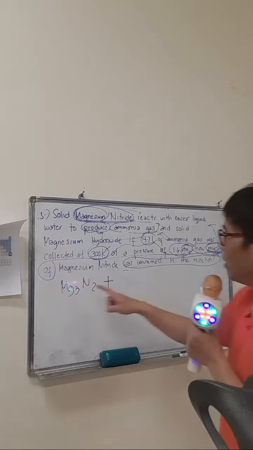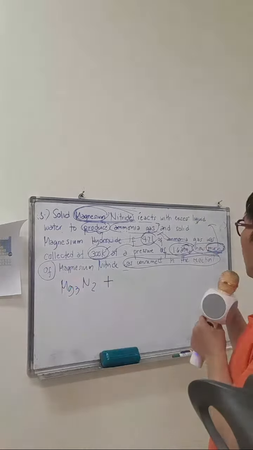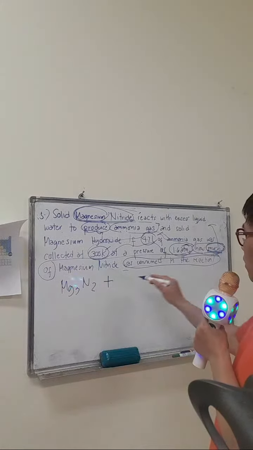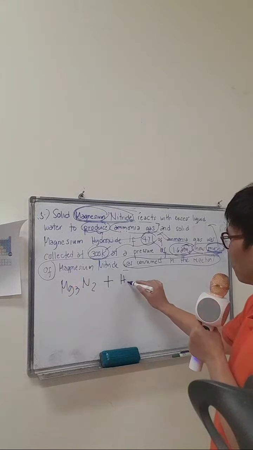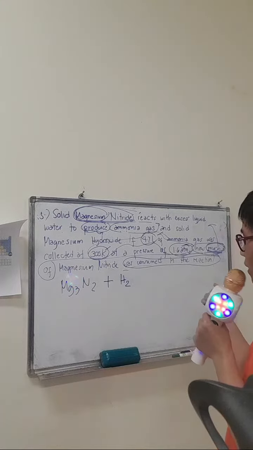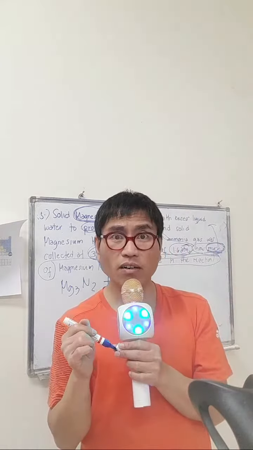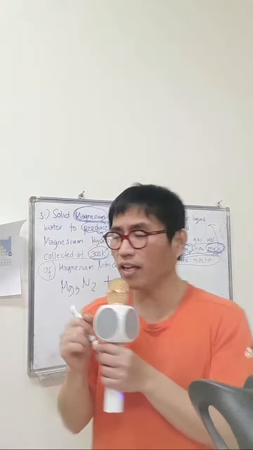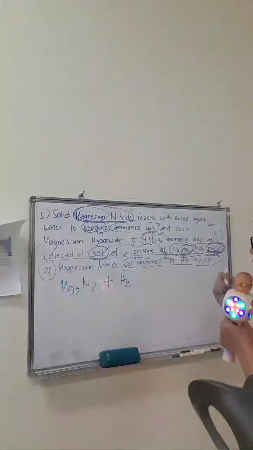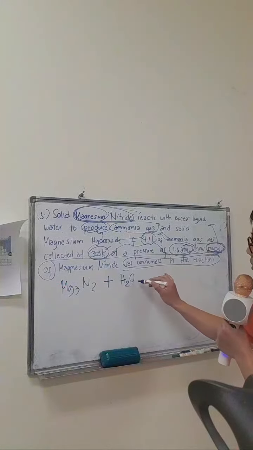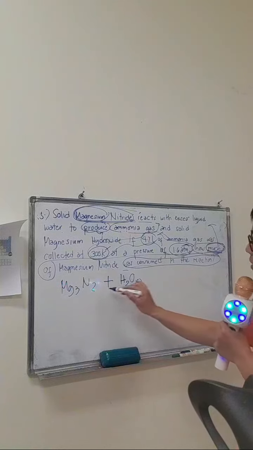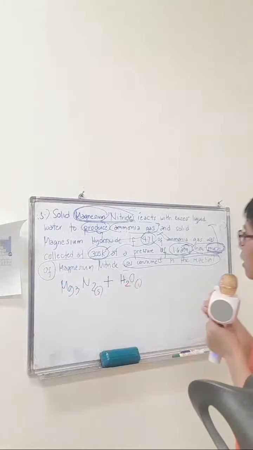So Mg3N2 plus liquid water. They specify the water here because sometimes water will exist as a vapor. That's why they emphasize that H2O is a liquid here, and this is a solid. So solid plus liquid.